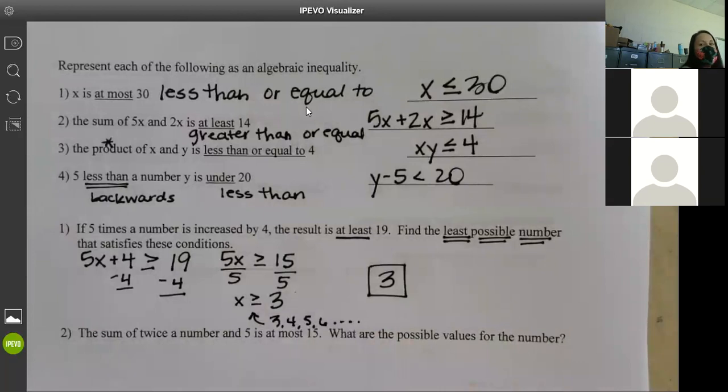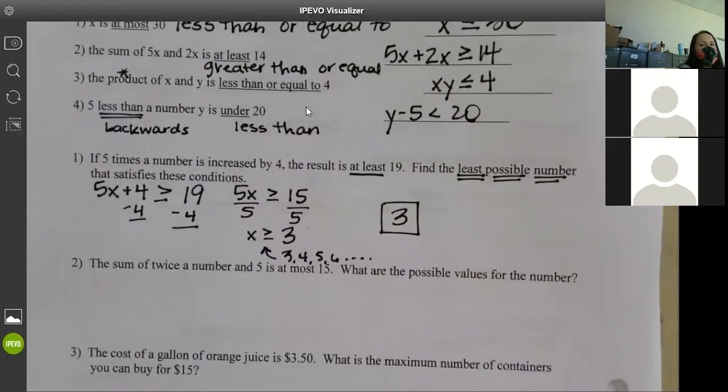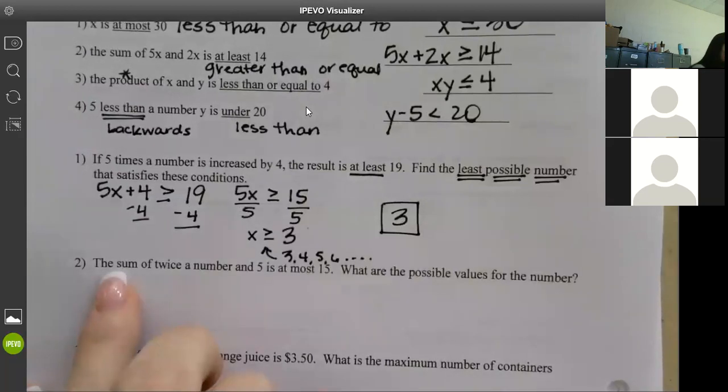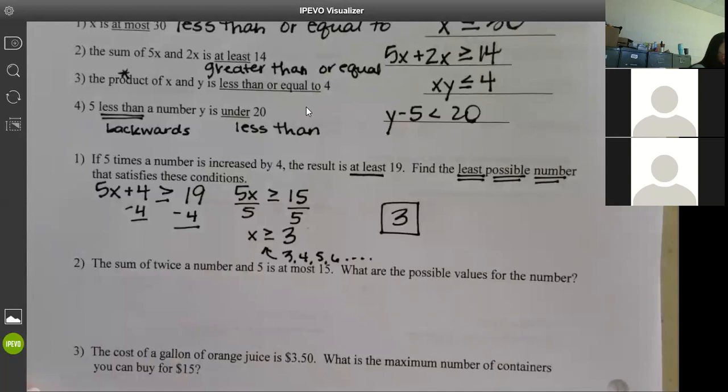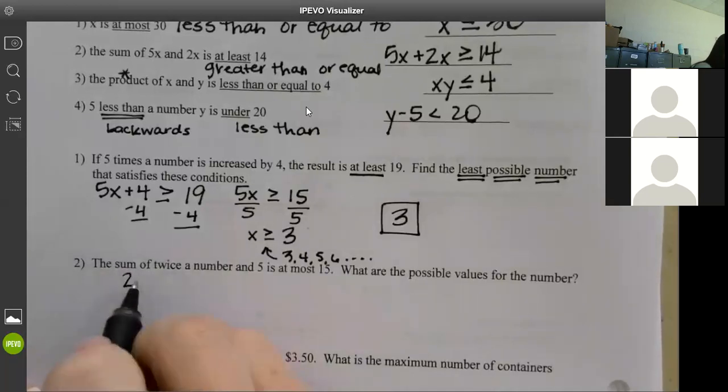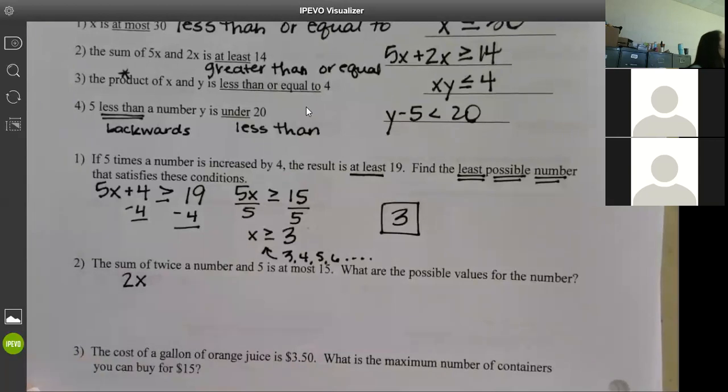All right. The next one, the sum of twice a number and 5 is at most 15. So let's take it slow. The sum means we do what? Add twice a number. How do I write that? And then we don't know the number, so it's going to be x, right?